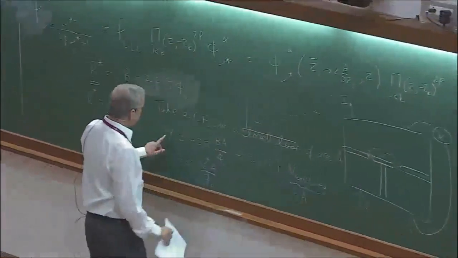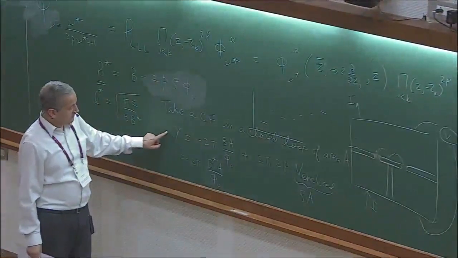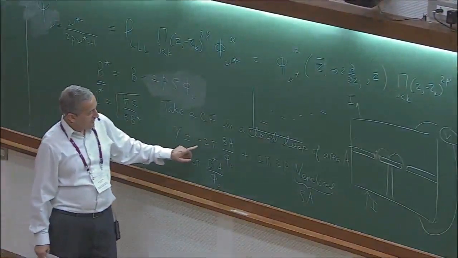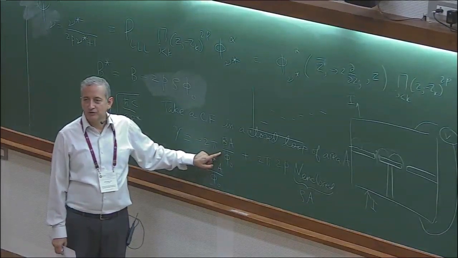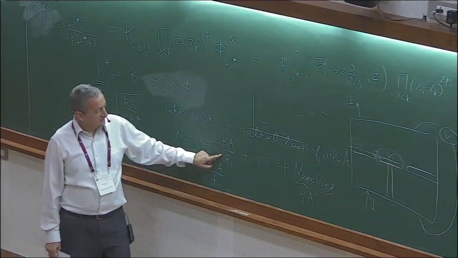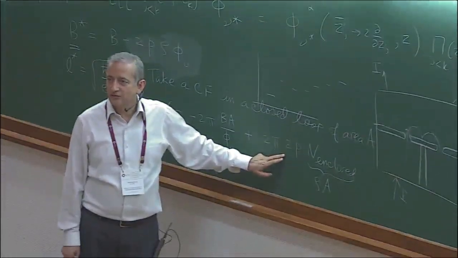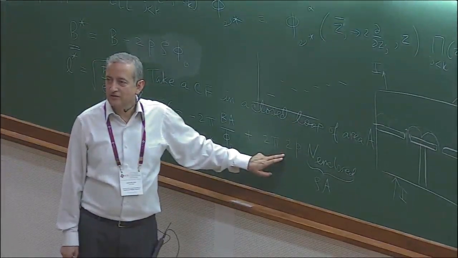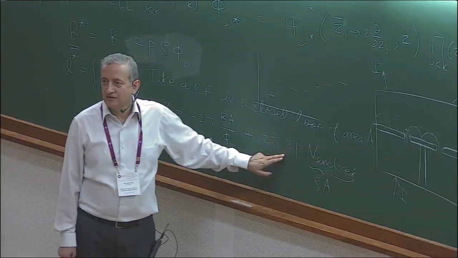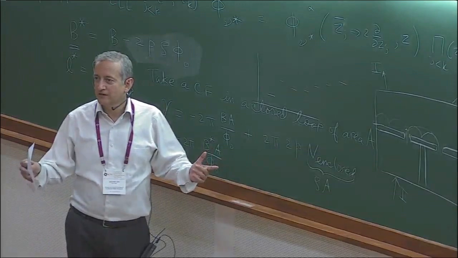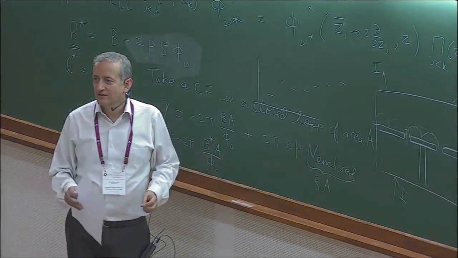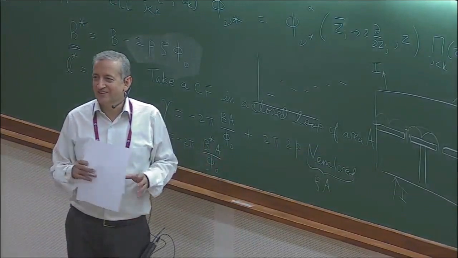Does this change between the 2 loops? Why does this change? Exactly. The number of enclosed particles has changed, but not by 1. So when I add a composite fermion, I have changed the number of electrons by a fraction.